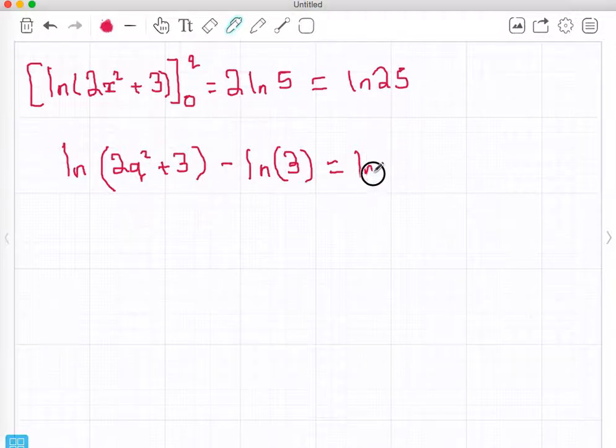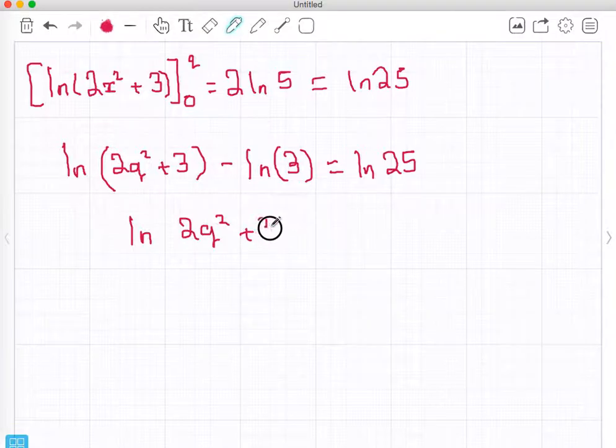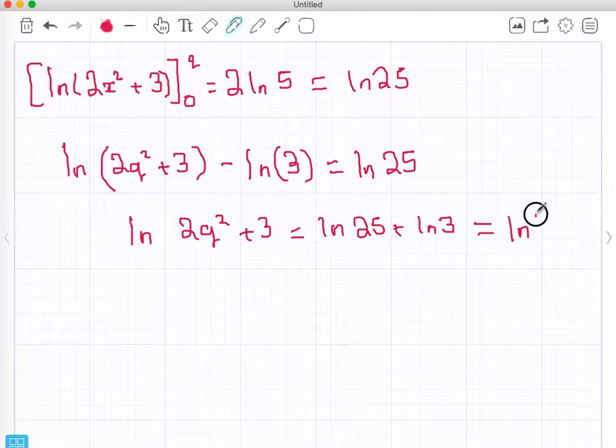And this is going to equal log 25. I'm going to add log 3 to both sides. So it becomes log of 2q squared plus 3 equals log 25 add log 3. Now when I have this as an addition, this is basically log 75.